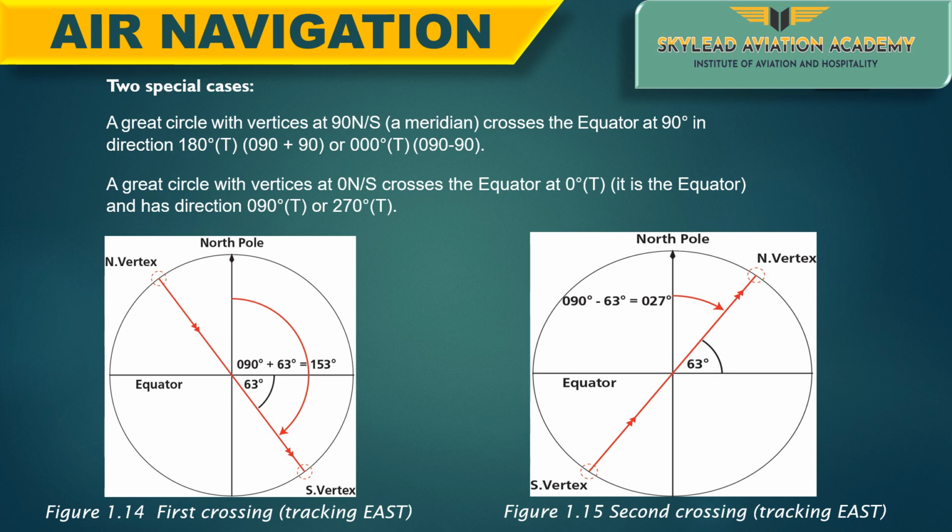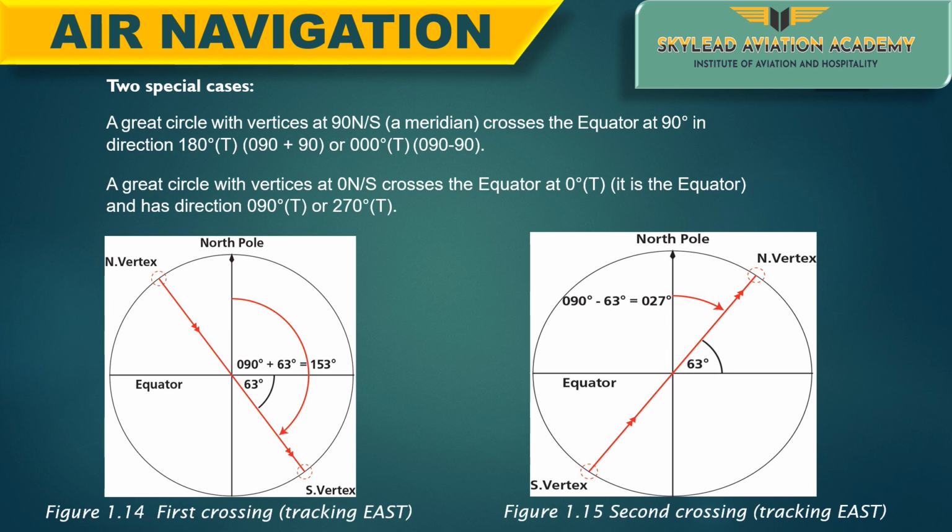So let us see what two special cases say. A great circle whose vertex is at 90 degrees north or south, a meridian, crosses the equator at 90 degrees in direction 180 degrees towards 090 plus 90, or 000 degrees, 090 minus 90 degrees.